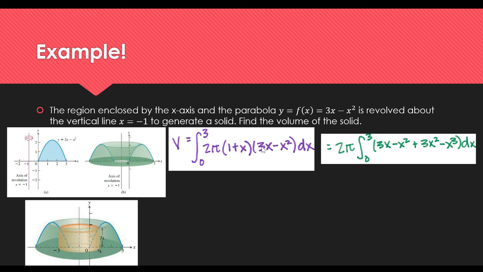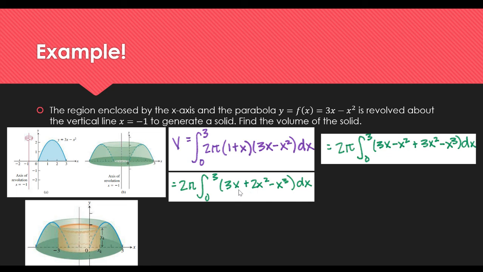So 1 times 3x is 3x. 1 times -x squared is -x squared. X times 3x is positive 3x squared. And x times -x squared is -x cubed. I have some like terms there, so I combine those, and I have 3x plus 2x squared minus x cubed. My 2 pi is just going to chill out front. I'm not going to worry about that.